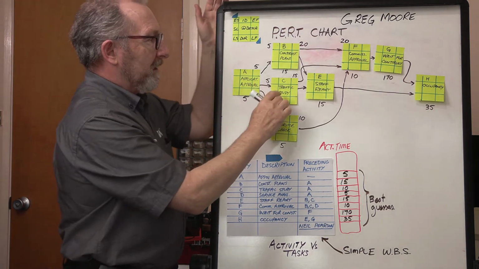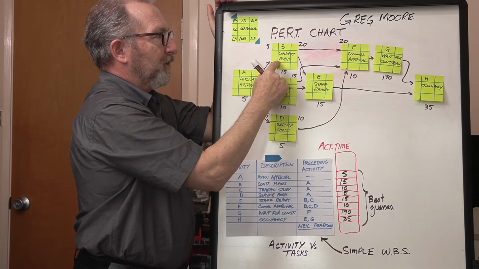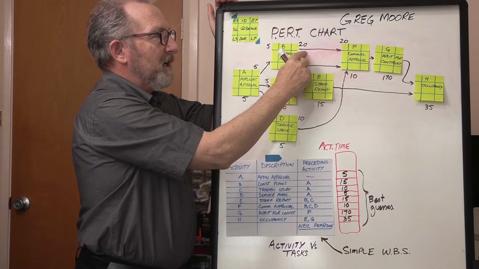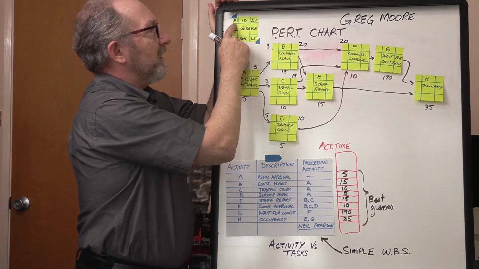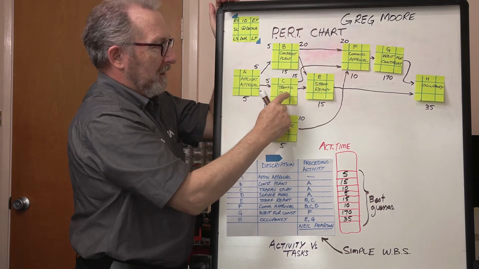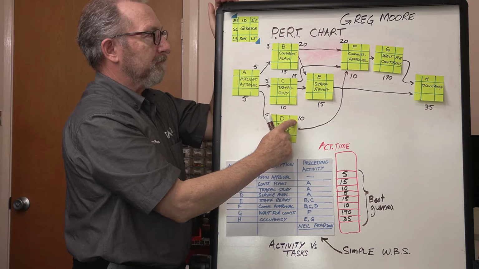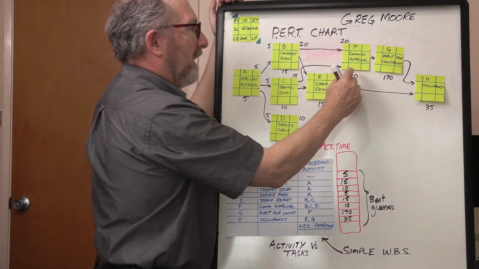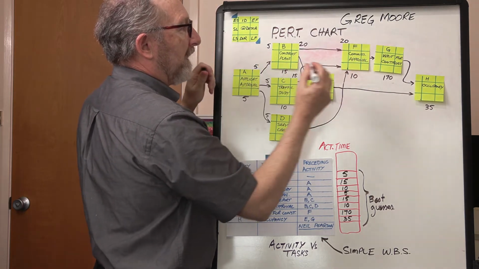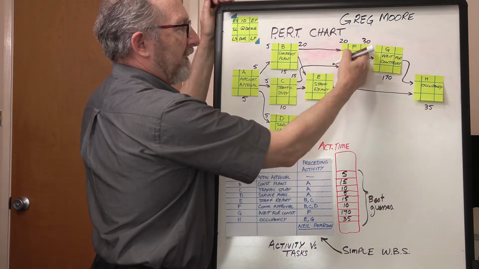It'd be no good taking a smaller value because F can't start until B is finished, and B has a duration of 20. So the earliest that can start, ES, early start, has to be 20 to match what's coming out of B. So we just ignore the 15 coming out of C, we ignore the 10 that's coming out of D. Okay, we've got a duration of 10, we've got an early start of 20, 20 plus 10 makes 30 for an early finish. Earliest we can finish is 30.